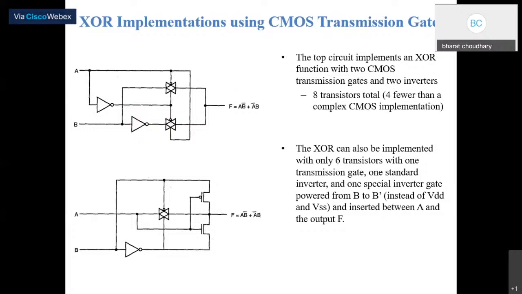So there are 4 transistors in the transmission gates and 4 in the inverters, 8 transistors total. Whereas this can be reduced to 6 transistors by eliminating one transmission gate. So by using only one transmission gate, this XOR gate can be implemented. So this is all about how we can optimize the circuitry by using different combinations of transmission gates and CMOS inverters.